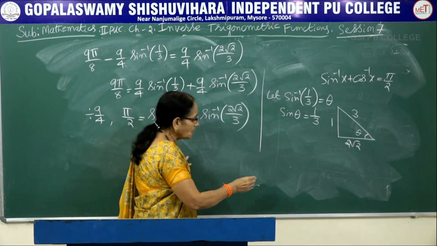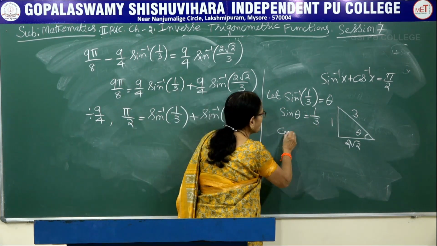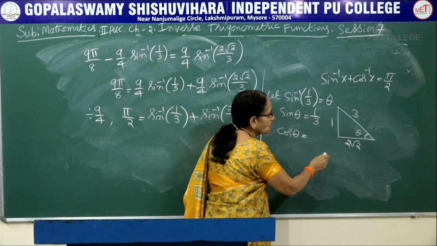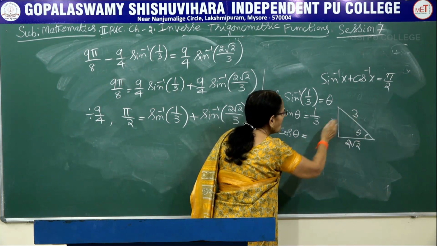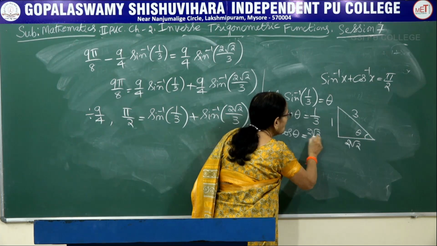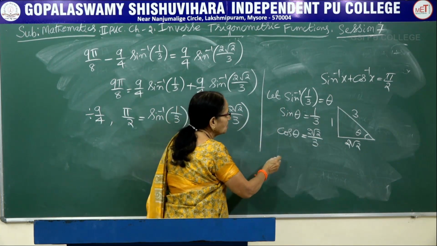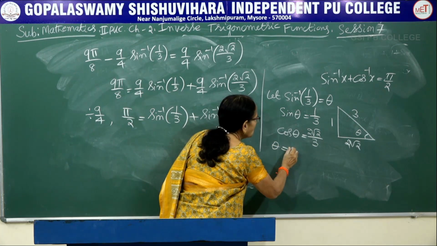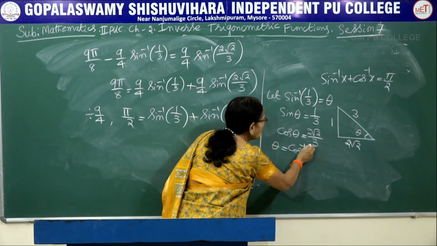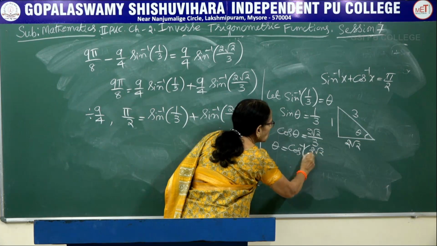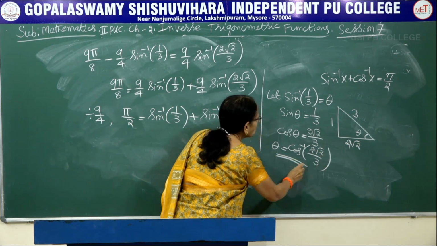Now here let me consider cos theta. What is cos theta? Adjacent over the hypotenuse, that is 2 root 2 divided by 3. Now here theta can be written as cos inverse of 2 root 2 divided by 3, isn't it?